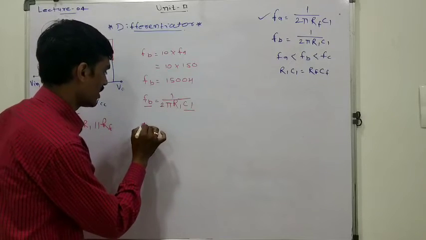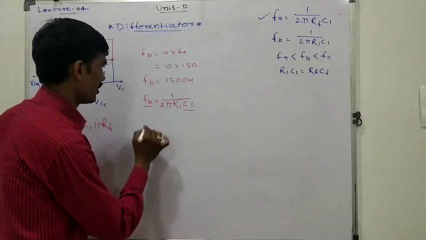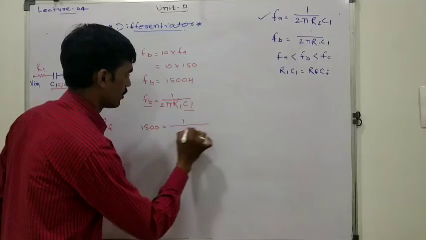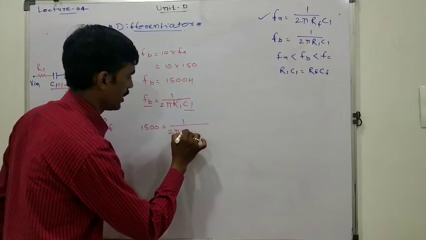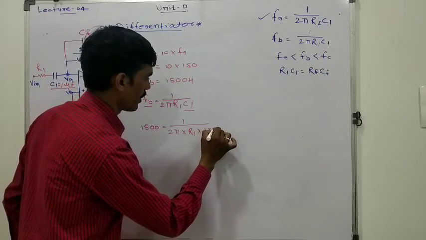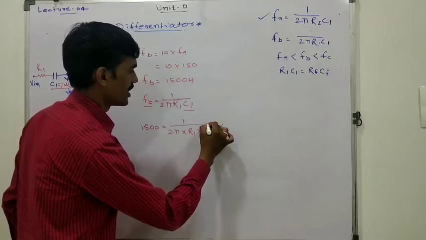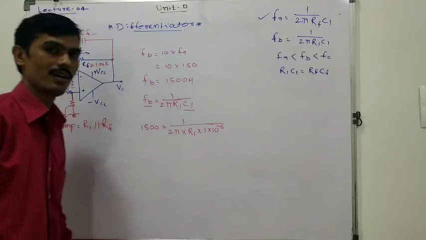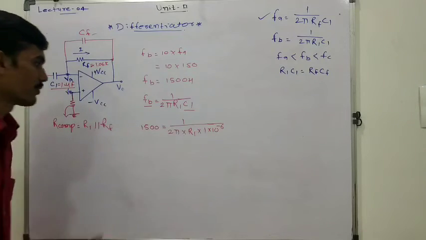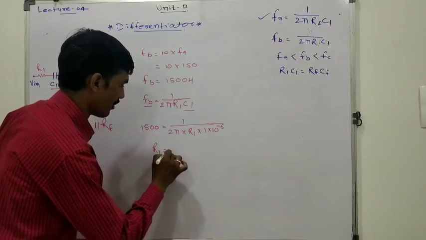So we can directly write down this equation: 1500 Hertz is equal to 1 upon 2 pi into R1 into C1, where C1 is 1 into 10 raised to power minus 6, because it is assumed to be 1 microfarad. So from this we get the value of R1. What is the value of R1?